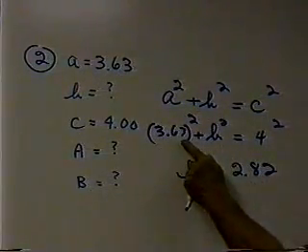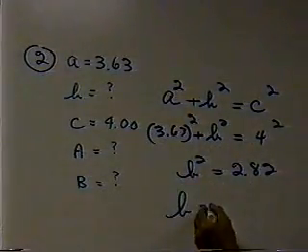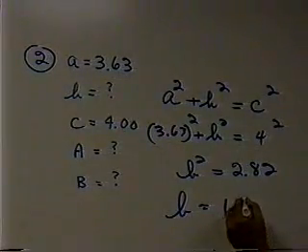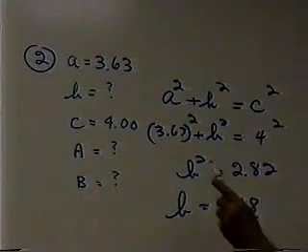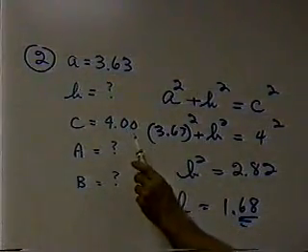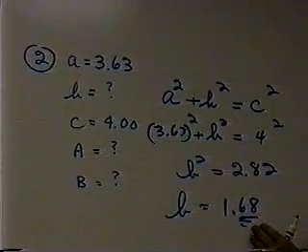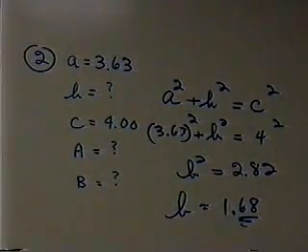You have a calculator, so you can carry all this correctly in the calculator, and when you take the square root of that, we end up getting 1.68. Why 1.68? Because these are written correct to 2 decimal places, so we round it off to 2 decimal places. All right, so we found B by using just the Pythagorean theorem.